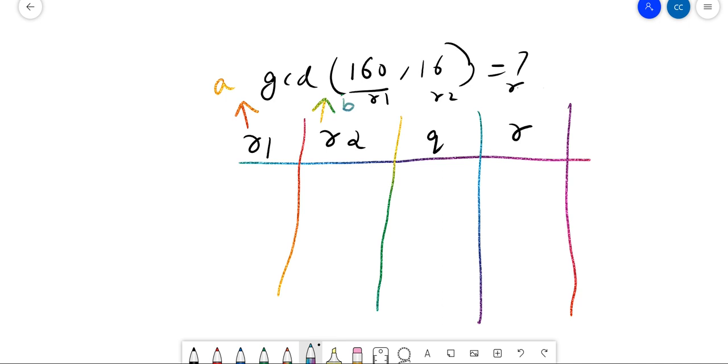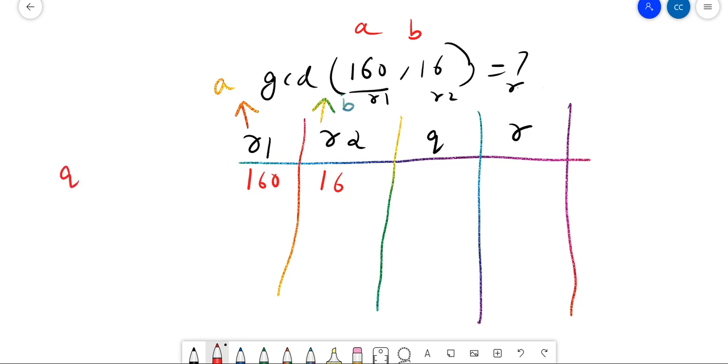Now here what we have to consider, this one is A, this one is B, right? So here A is R1, that is 160. R2 is 16.